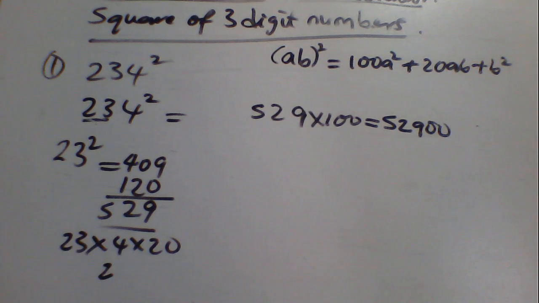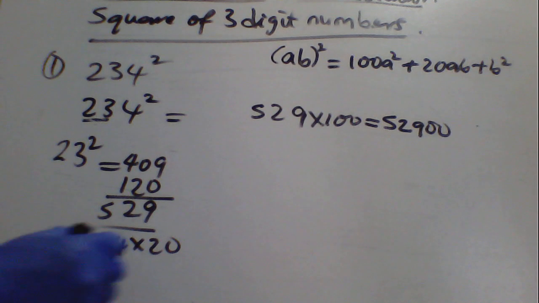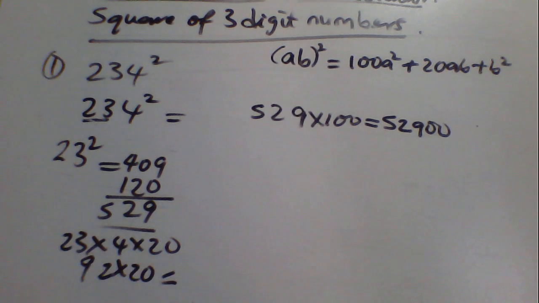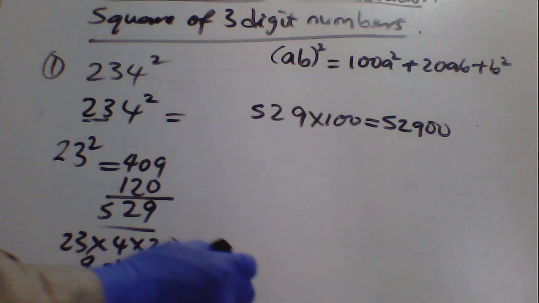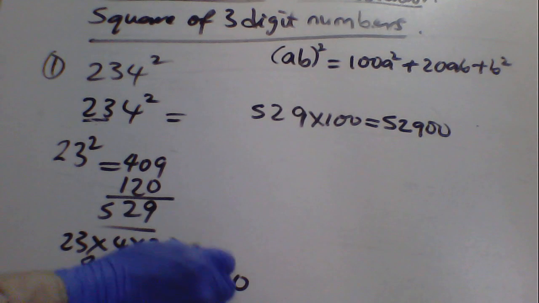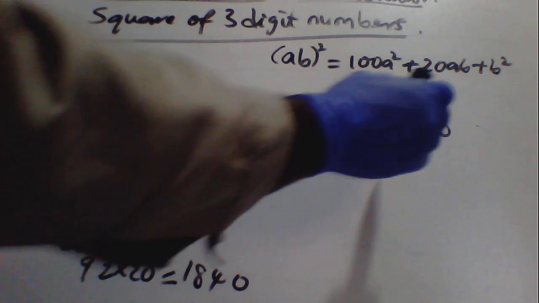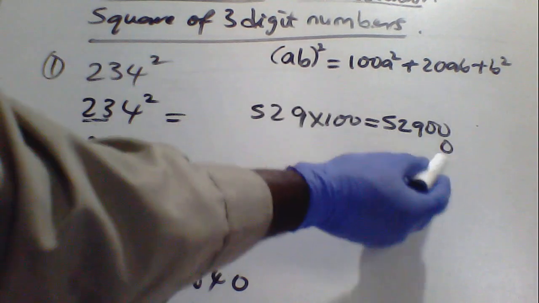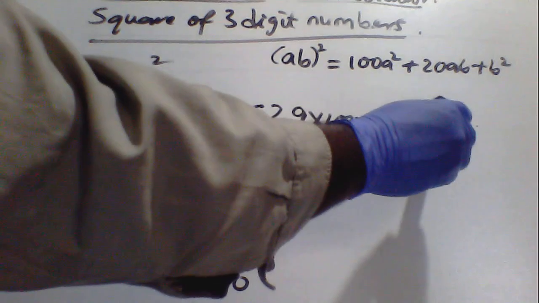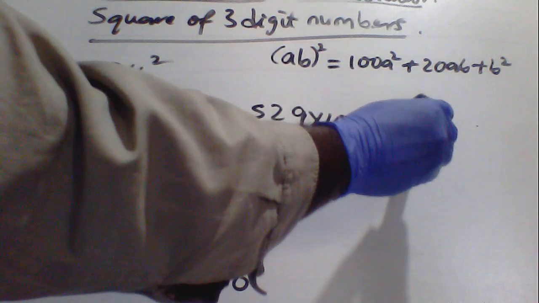Write 2, carry 1. 4 times 2 will give us 8 plus 1, 9, times 20. Is it not? So we have 0. 2 times 2 will give us 4. 2 times 9 will give us 18. So you bring it here. Always start from the back to write 9, 2, 0, 0, 4, 1 8.